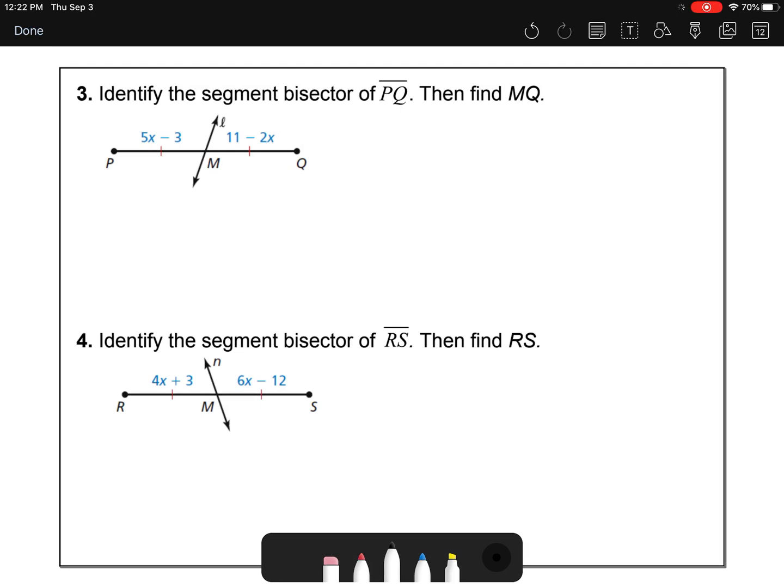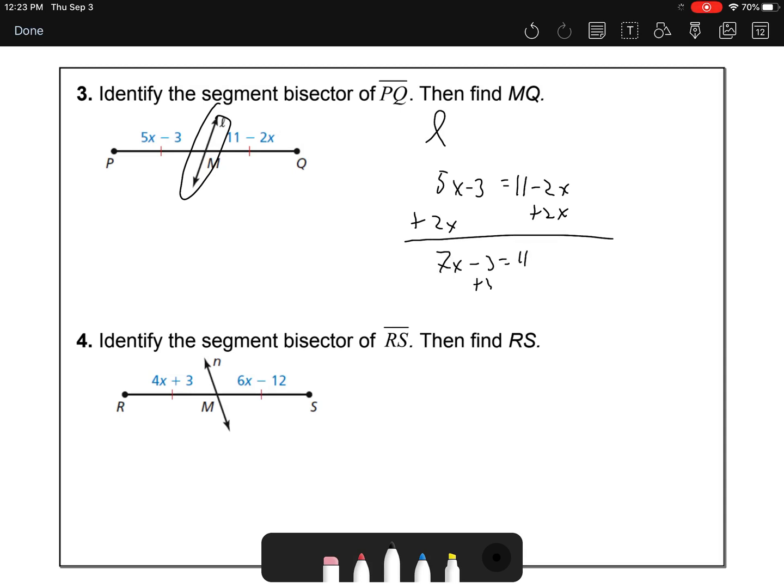Number 3, identify the segment bisector of segment PQ. Well, that's line L, isn't it? There's the segment bisector. Find MQ. Well, to do that, we have to find x. So let's find x. Again, 5 is bigger than -2, so we're going to add 2x.